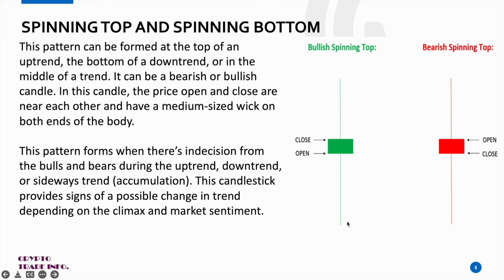Both the upside and downside have a long wick, where the body is in between. A small body. When it's found on the uptrend, it is called the spinning top, and is signaling a bearish movement in the chart. And when it's found on the downtrend, it's called the spinning bottom, and is signaling a bullish reversal in the chart.